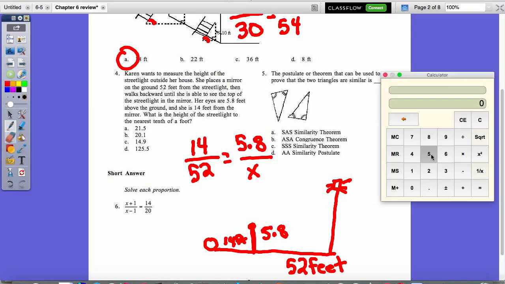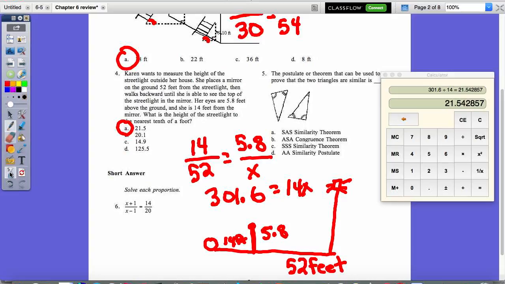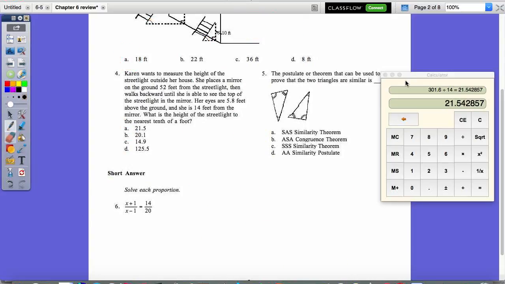Okay, so 52 times 5.8 is 301.6 equals 14x, and 301.6 divided by 14 is 21.54. That's going to round to the streetlight being 21.5 feet tall. I'm going to clear some annotations here.